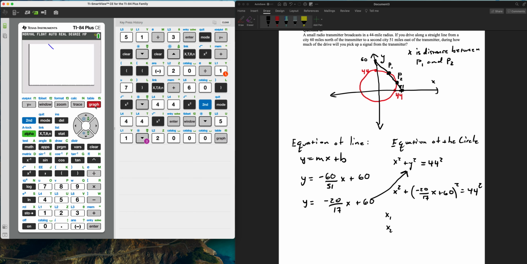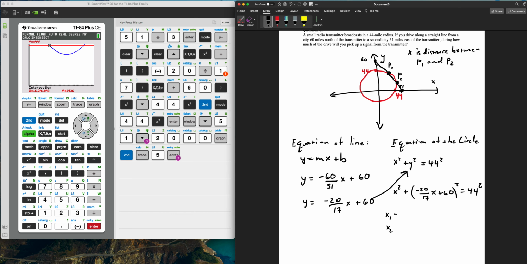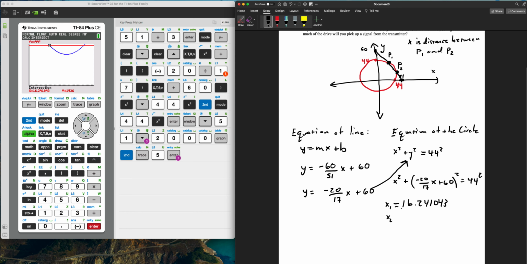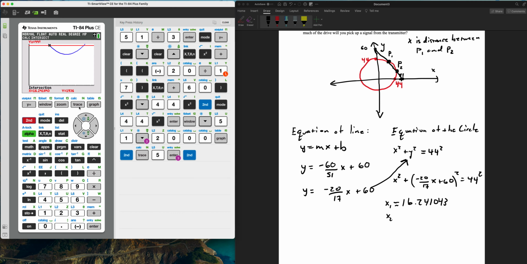Click graph. We see 2 points of intersection. So then we click second trace, option 5, which is intersect. Press enter 3 times. So we have x1 is approximately 16.241043, and x2 is second trace, option 5 again.